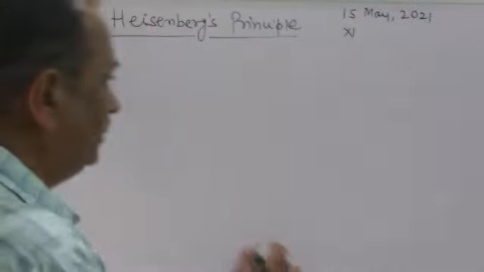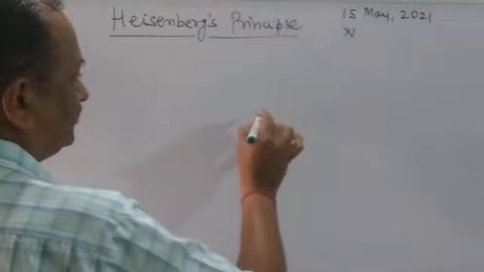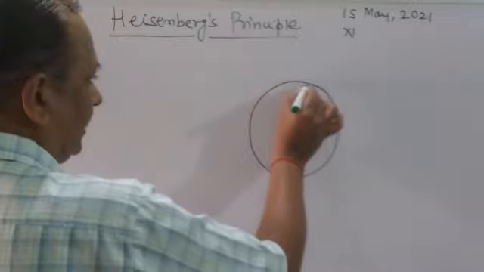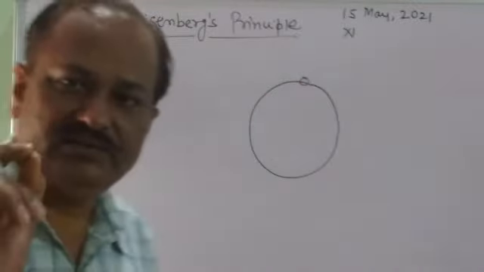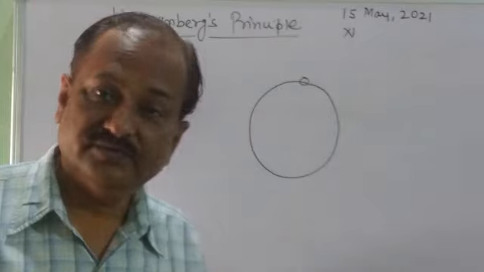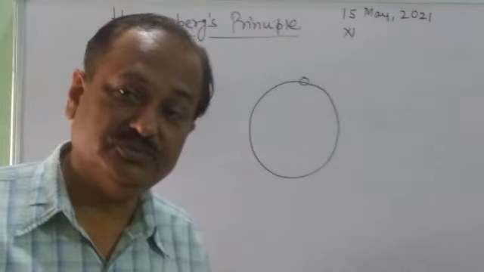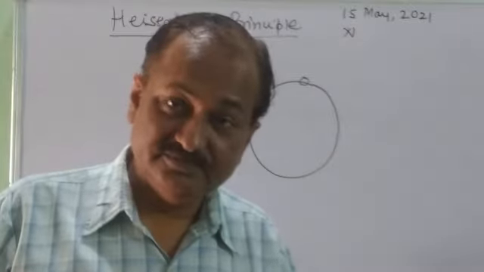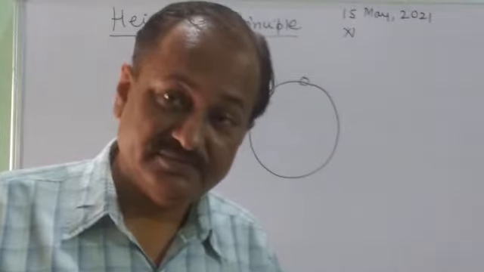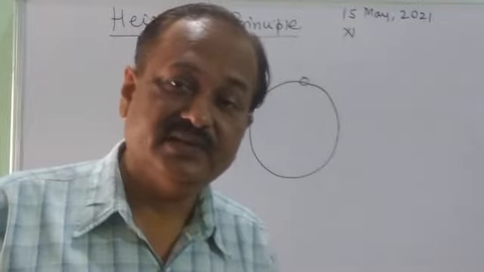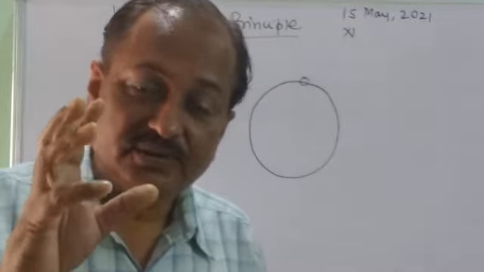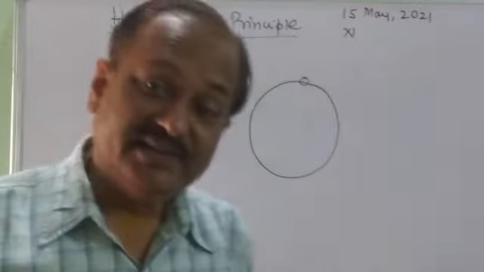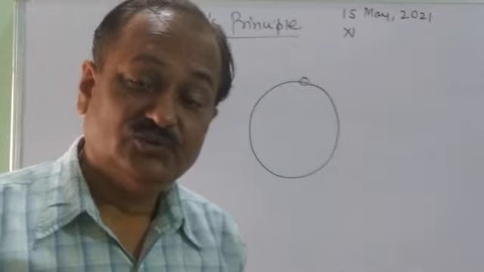Now see how. Suppose there is an atom and in the atom there is an electron, and children, you know, the electron is very small in size. So what to do? We have to see the electron. The position and the velocity can be ascertained only by the use of light radiations having suitable frequency.